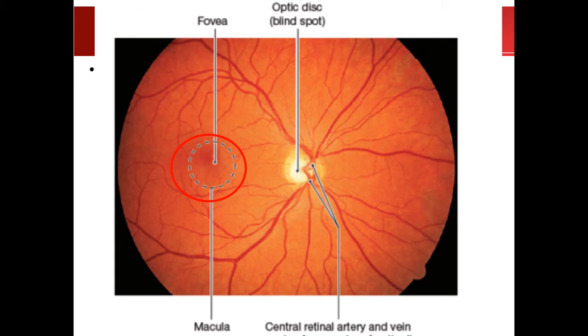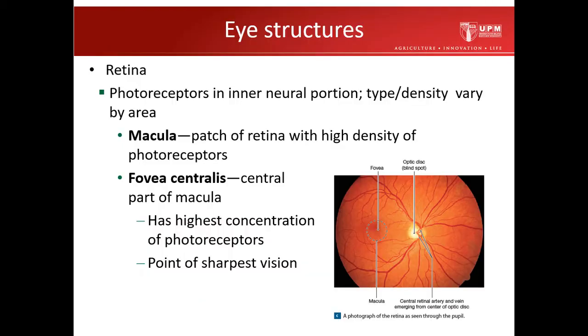This central area is called the fovea centralis. The fovea centralis is the point of sharpest vision. For example, when you look directly at an object, its image will fall on this portion of the retina.